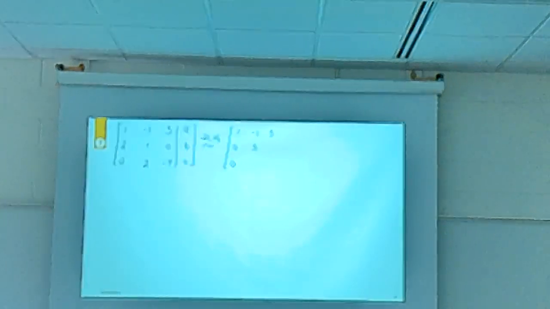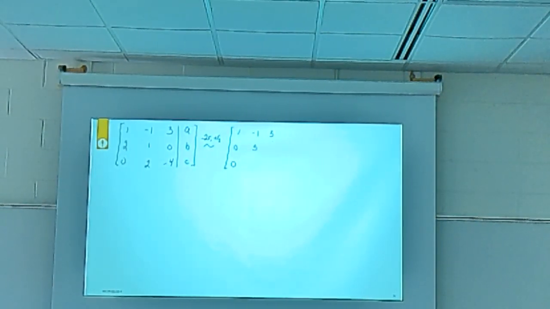So let's get started. Negative 2 row 1 plus row 2, right? That'd be 3, -6.